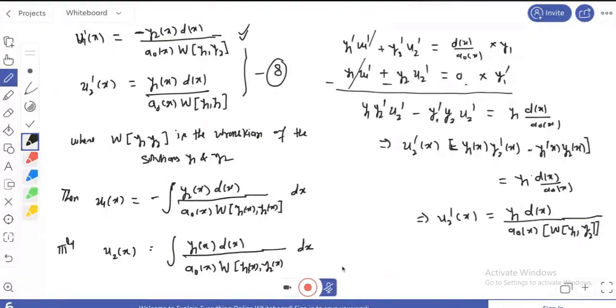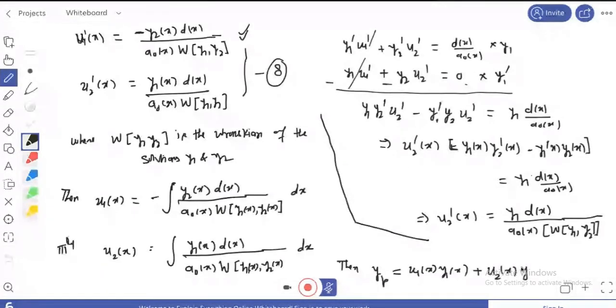So what about your particular integral yp? Then your particular integral is u1x y1x plus u2x y2x. This is your particular integral, where u1 and u2 you can obtain from the relation in equation number 9.